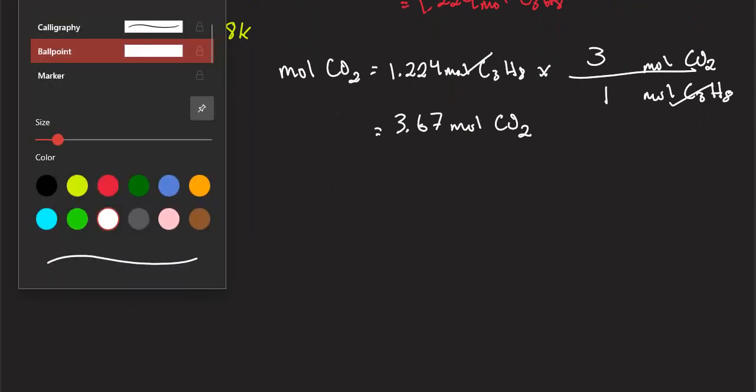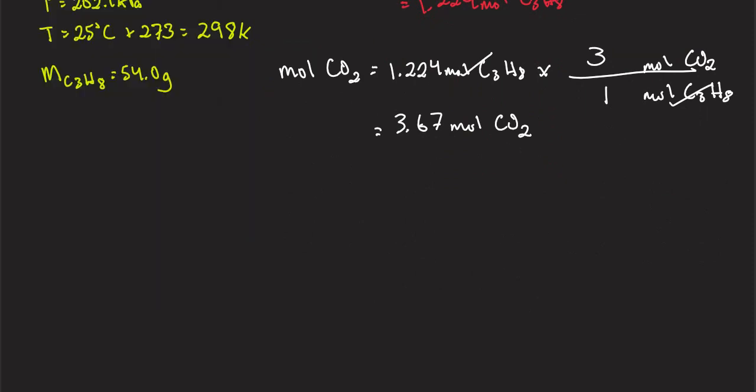The last part of solving this question. We're going to use the ideal gas law. Let's just isolate for V now that we have n, and we get nRT divided by P, and we can plug things in.